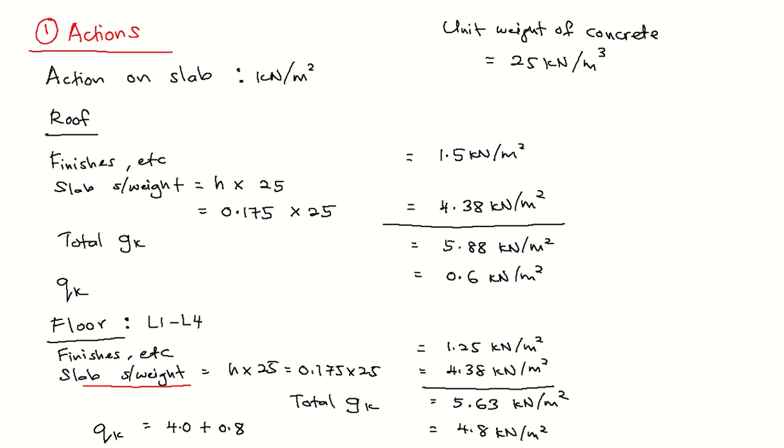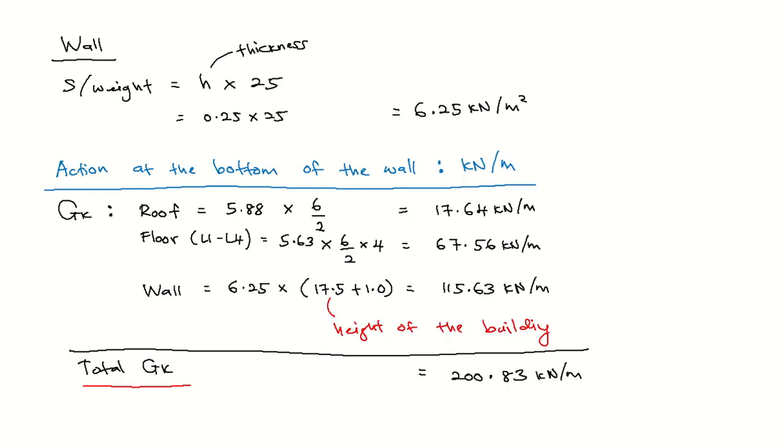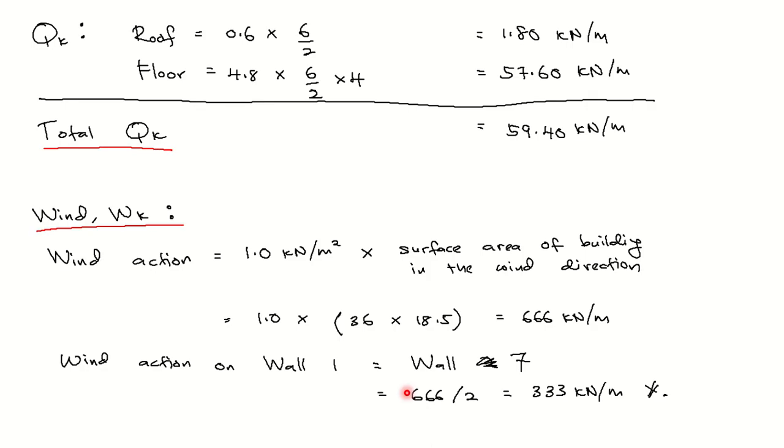We just finished step number 1. We figured out how much is the total action at the bottom of the wall. At the bottom of the wall, the GK is 200.83 kilonewton per meter, the QK is 59.4 kilonewton per meter, and the WK is 333 kilonewton per meter.